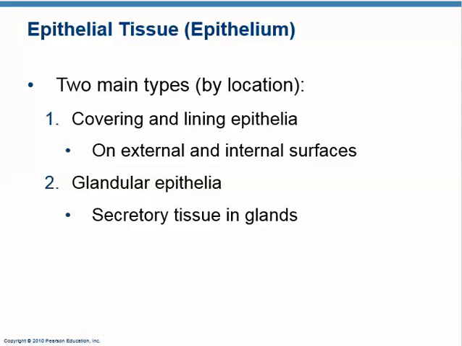This is tissue that secretes things. So salivary glands would be epithelial in nature because they secrete saliva. The adrenal cortex is epithelial in nature because it secretes the corticosteroids.